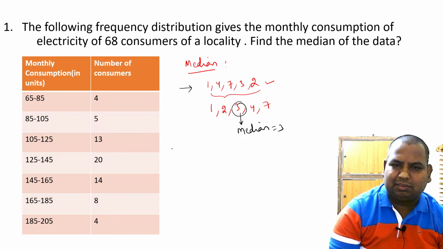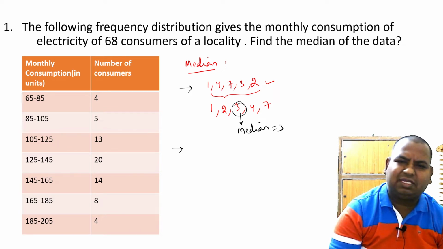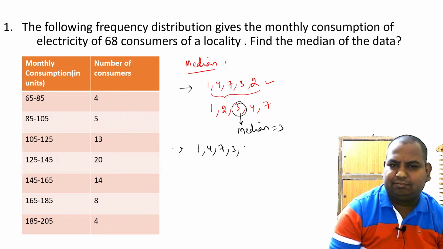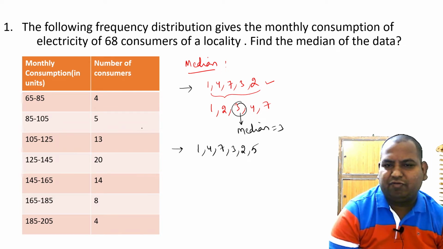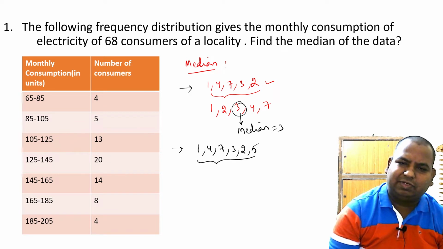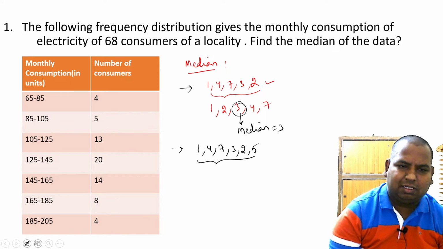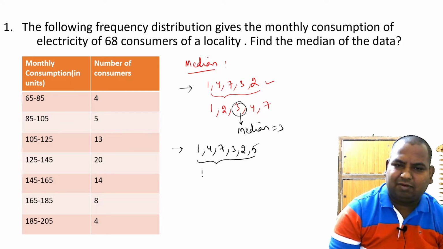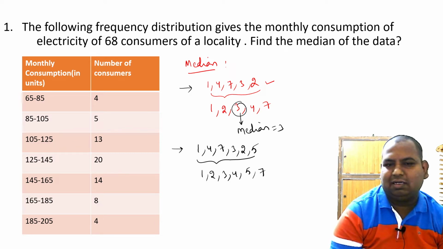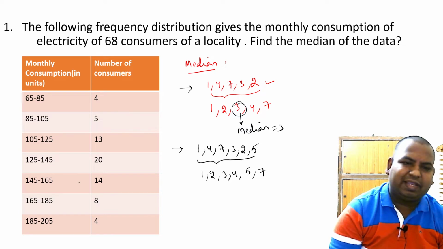Let me give you one more situation. Here we have 5 observations, that means an odd number of observations. But if there are 6 observations, 1, 4, 7, 3, 2 and 5, the first step is the same: arrange the observations in ascending or descending order. In ascending order I have 1, 2, 3, 4, 5 and 7.